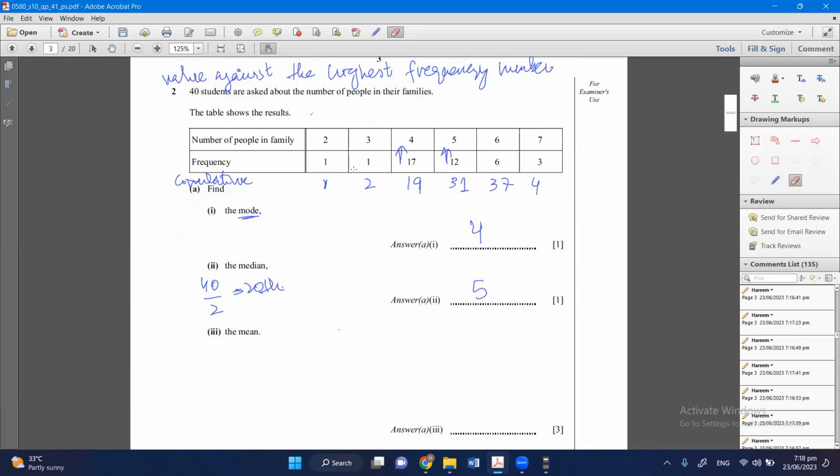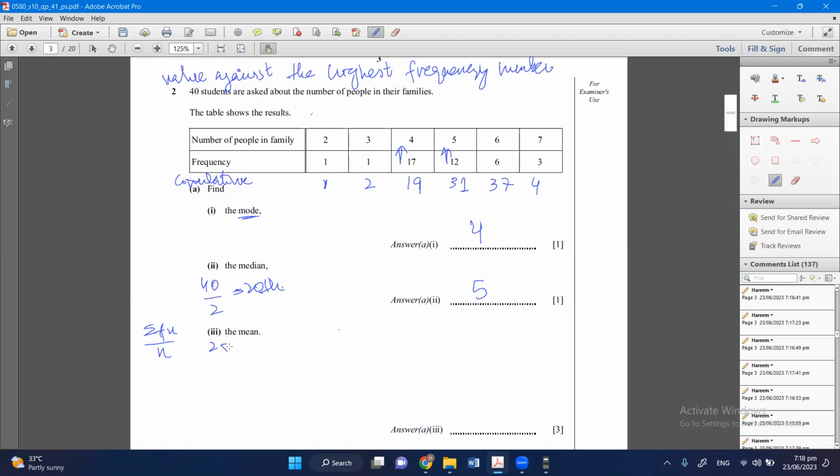I am writing the formula here so we can have a little space. So what we have to do is multiply the number of people with the frequency, each block multiplied with itself.